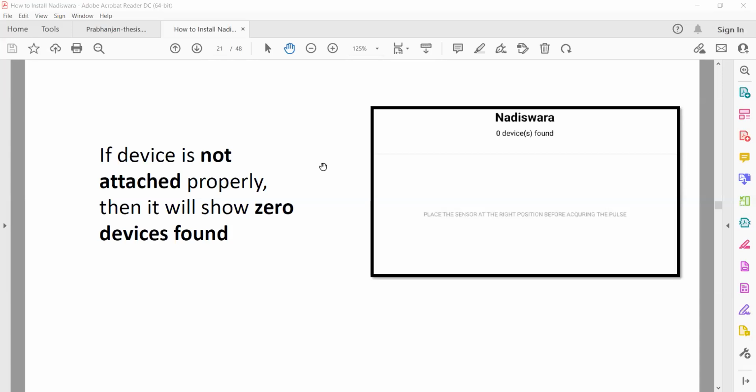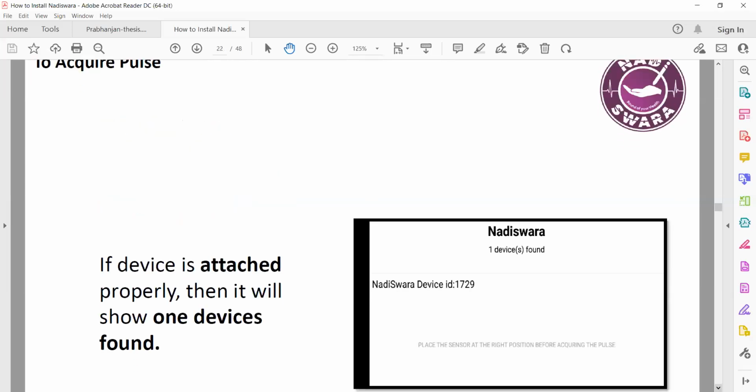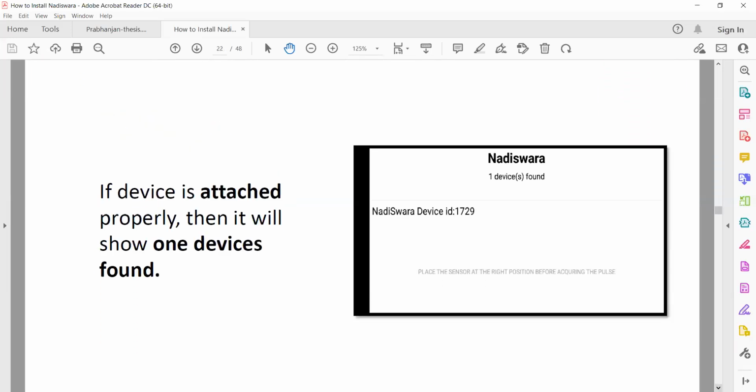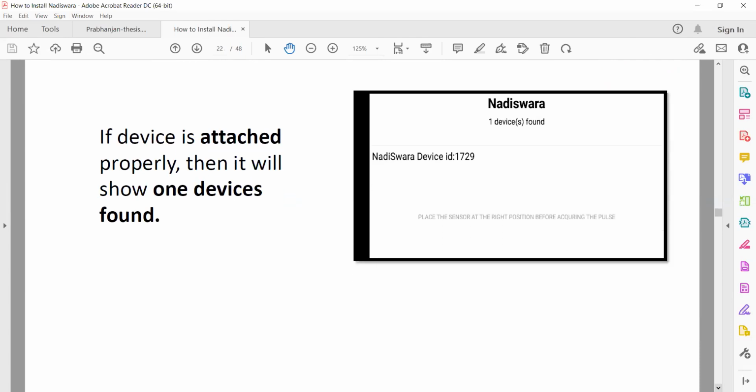To get confirmation, you can see the LED light which is blinking in the hardware. If the sensor is connected properly, it will display the ID saying that a device is found. Now I can confirm that a device is connected properly to the mobile device.